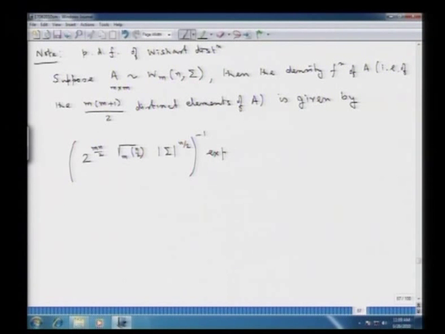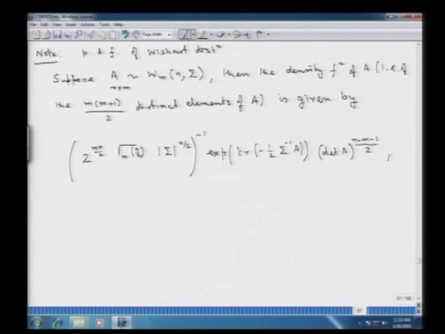Then we have exponent of trace of minus half sigma inverse A, this into determinant of A whole raised to the power n minus m minus 1, this divided by 2, right.